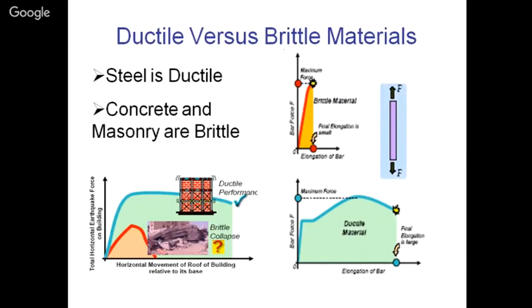Steel is ductile, concrete and masonry are brittle, so we require steel. And if we are using steel in concrete, that gives us RCC, which is again a ductile material.